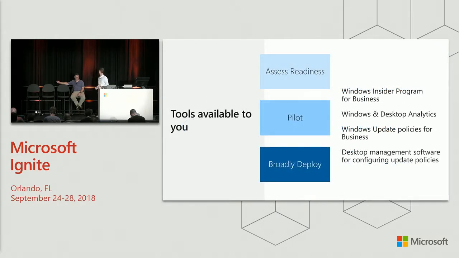And so we provide a set of tools, and it starts with the Insider program. We have something that we call Windows Insider for Business. This is really a way for you to enroll a handful of early adopters that feel comfortable with early software so that you can do some early assessments.